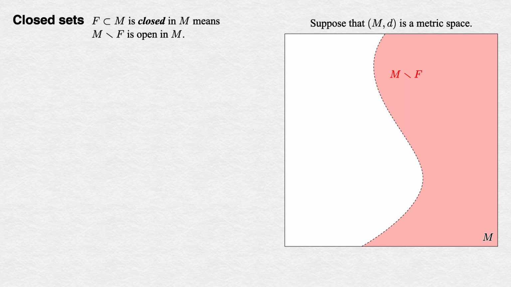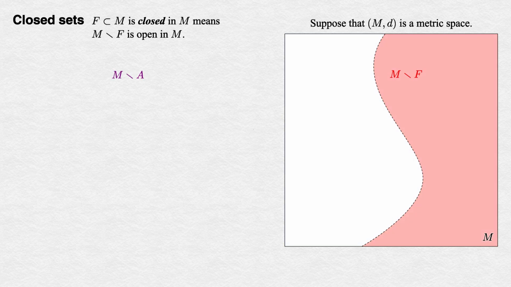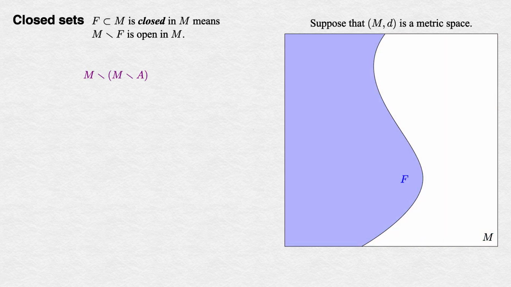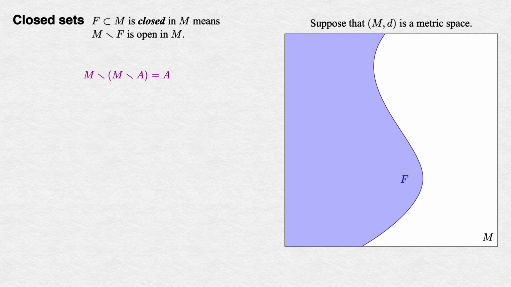Due to this simple definition of a set being closed, everything we know about open sets almost immediately tells us something about closed sets, due to De Morgan's laws. The key facts to keep in mind when thinking about this relationship between closed and open sets are: the operation of taking the complement of a set is its own inverse. If you take the complement of a set, then take the complement of that, you get back the set you started with. Thus, the complement of a closed set is open, and the complement of an open set is closed.